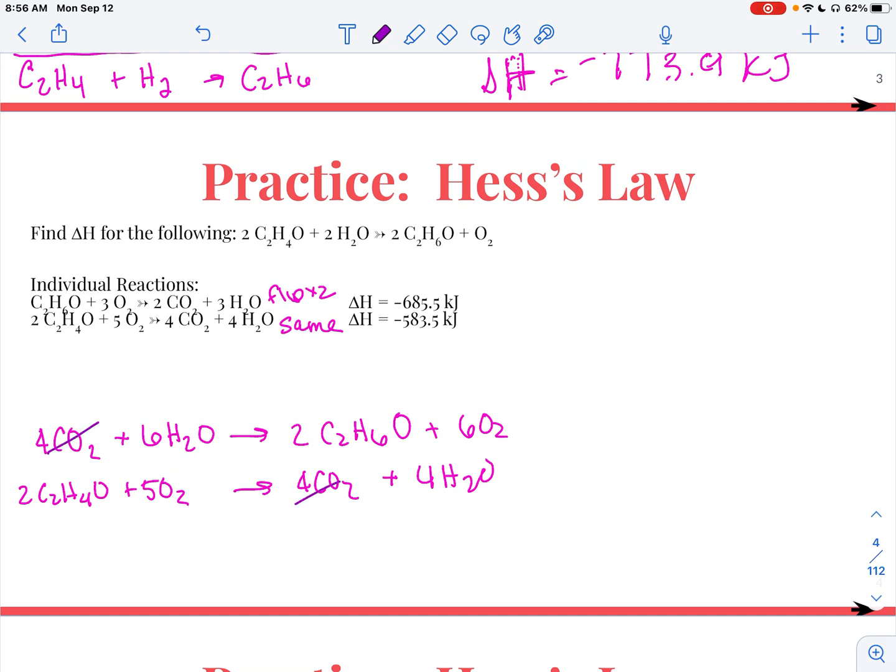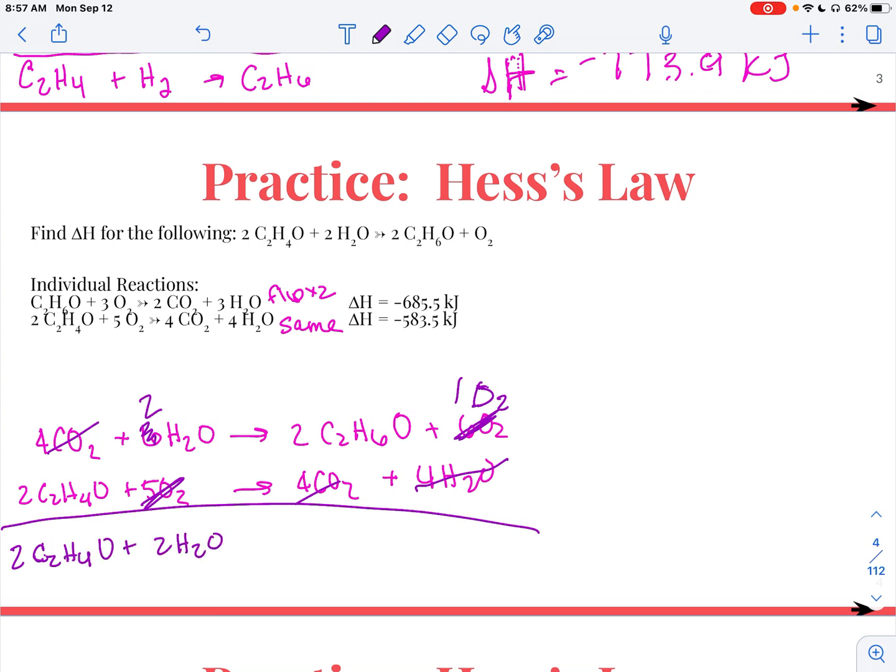CO2's cancel. 4 of the H2O's cancel, so this one won't go completely away, but we'll only have 2 left. And then 5 of the O2's cancel, so we'll just have 1 O2 left here. So that comes out to be, and that is what we wanted.